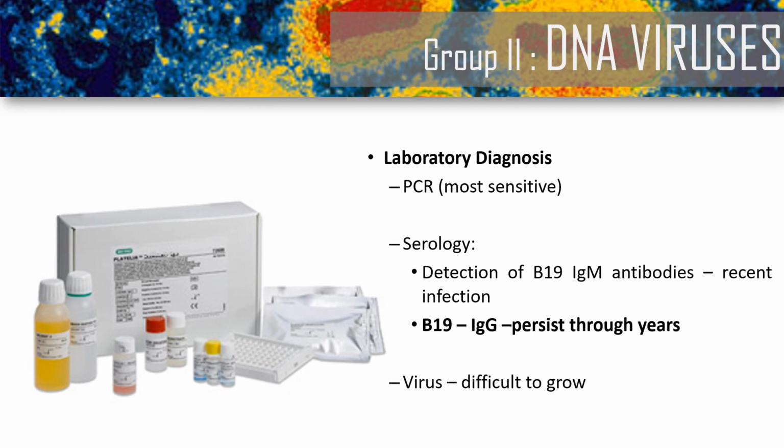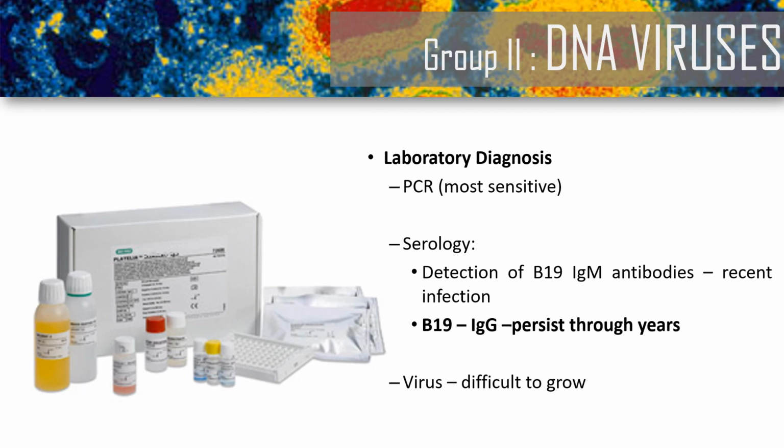For laboratory diagnosis, we can use PCR, which is the most sensitive. We'll discuss the principle of this one pagdating natin sa molecular biology natin na subject, class. Serology, detection of B19 IgM antibodies for recent infection. Then we also have B19 IgG, which persists through years. So it means, class, if you're infected already with B19, pwede ka mag-positive with the B19 IgG test.